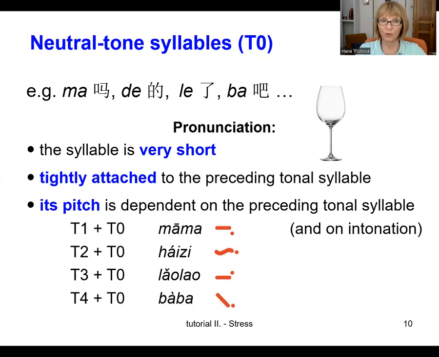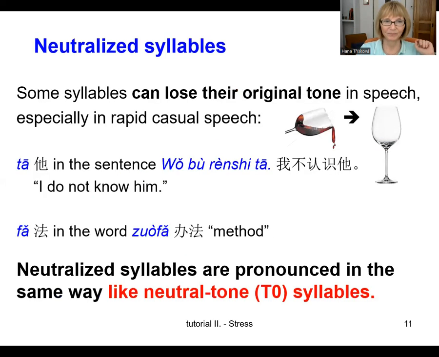So the pitch of the neutral tone syllable is dependent on the preceding tonal syllable, and if it's within an utterance, also on its intonation. So some syllables do not have any lexical tone at all, but there are syllables which do have a lexical tone, but they lose it somehow in fluent speech, especially in rapid casual speech.